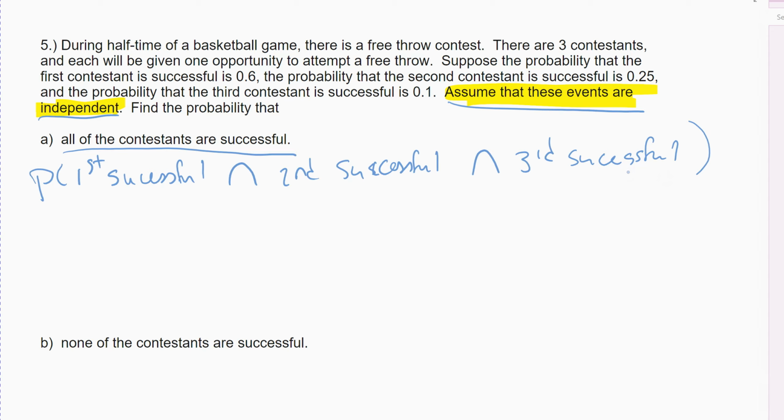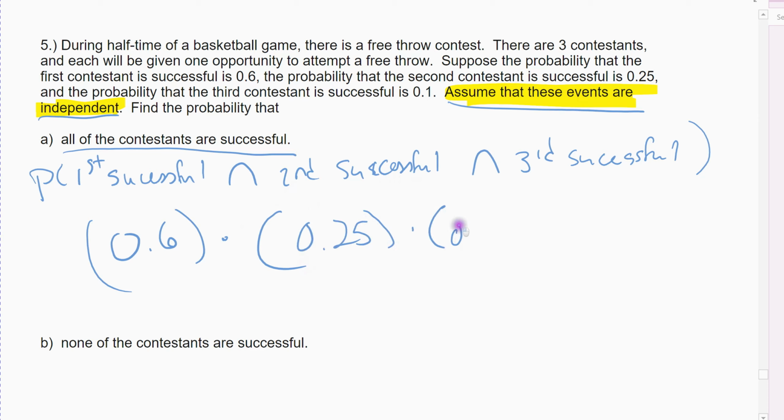Well, since they're independent, it's just a straight product of each individual probability. So it's the probability this guy's successful, which is 0.6, times the probability the second guy is successful, which is 0.25, times the probability the third guy is successful, which is 0.1.